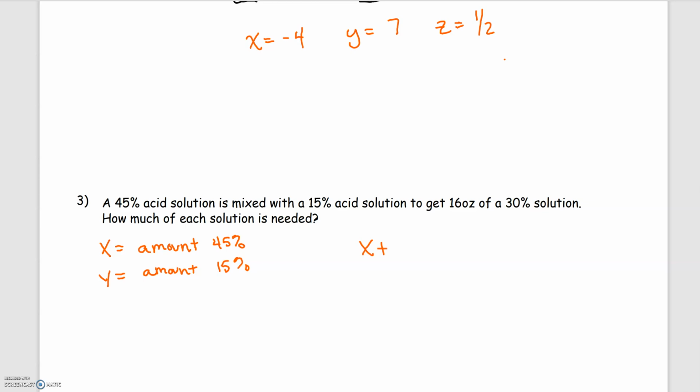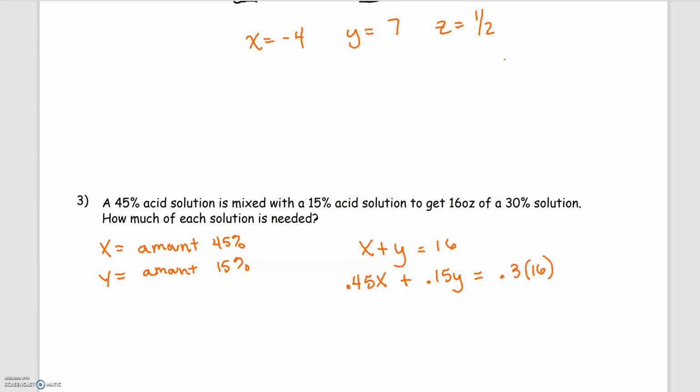So when we take x plus y, we're going to get 16 ounces. And then when we take 45% of our x plus 15% of our y, we're going to get 30% of our solution, which is 16 ounces.